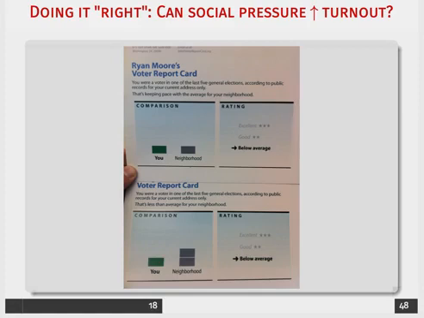And so I've been kind of talking about the effect that canvassers have on getting out the vote, but there's also strategies that encourage people to vote by sending little note cards that assess their voting record in comparison to their neighbors. Now, an important thing here is that everyone is receiving a note card, so the treatment is not receiving a notification on how they're voting versus their neighbors.